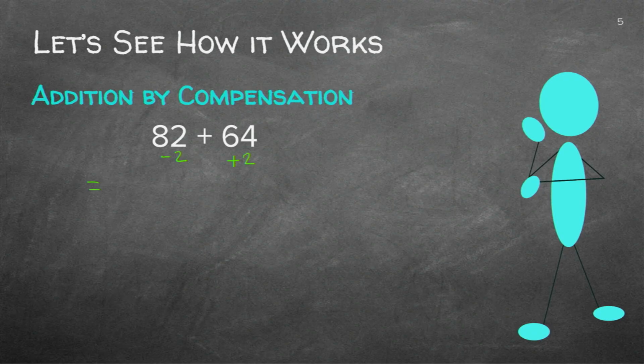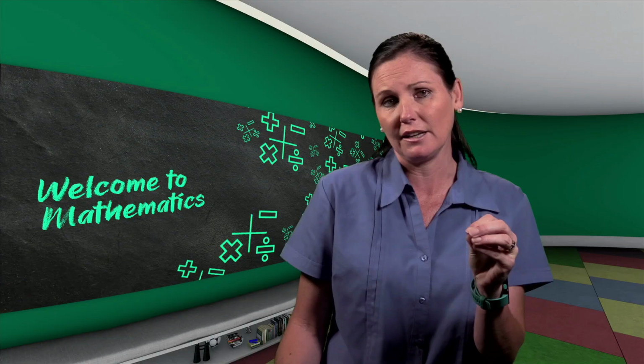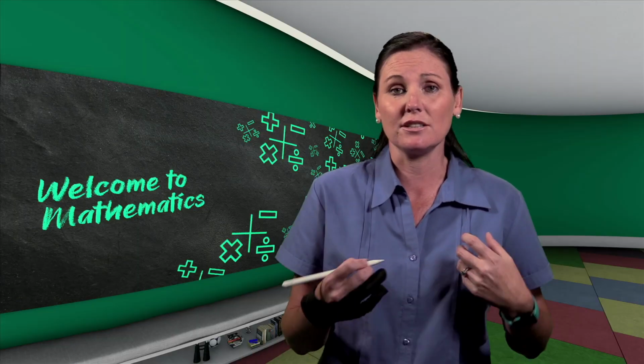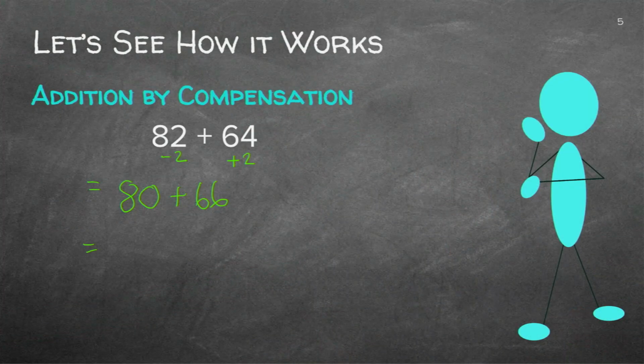So 82 minus 2 will give me 80. 64 plus 2 will give me 66. Can you see how much easier it is to have a multiple of 10 and then add ones and tens to that number than having ones and tens that are not rounded off? So 80 plus 66 will then give me 146. That is how easy it is.